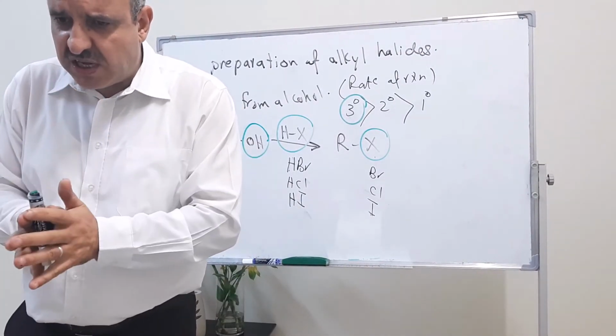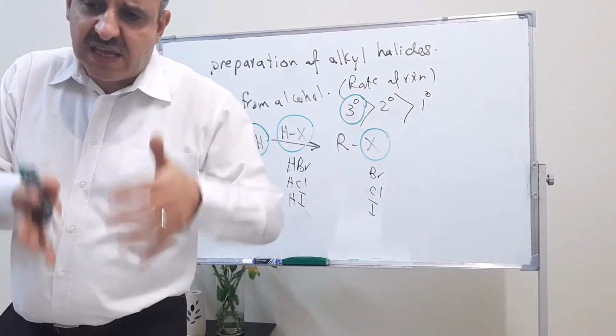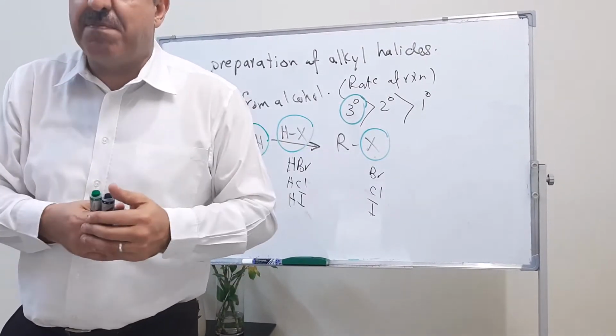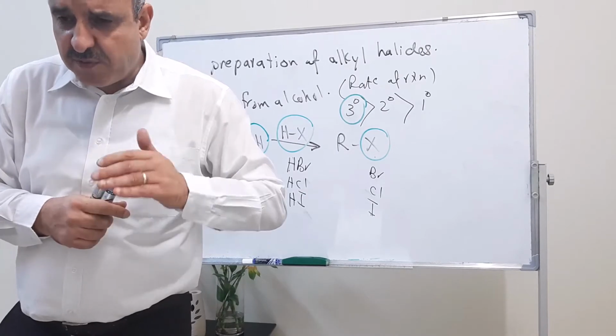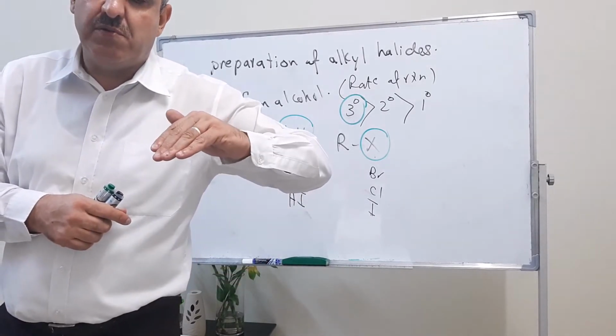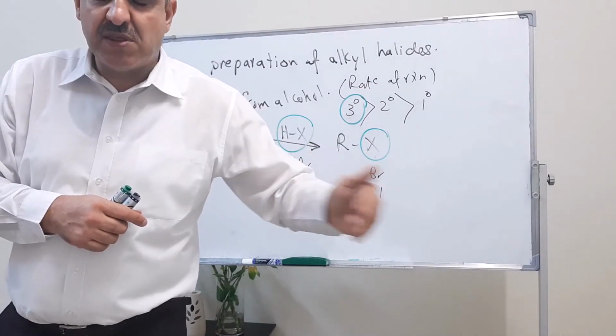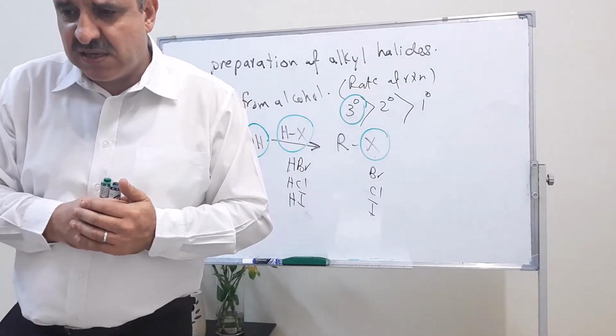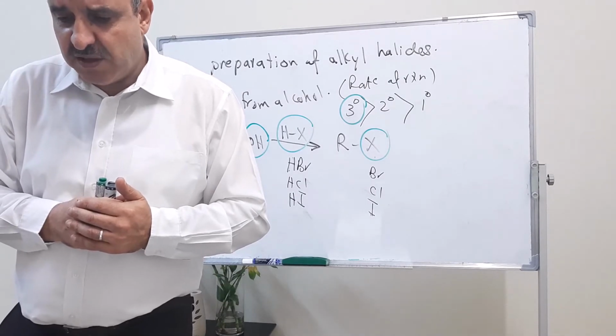So it's good enough if we want to prepare a tertiary alkyl halide. If we want to prepare primary or secondary alkyl halides, we will need to use the next methods which we are going to discuss after this slide. You follow me?